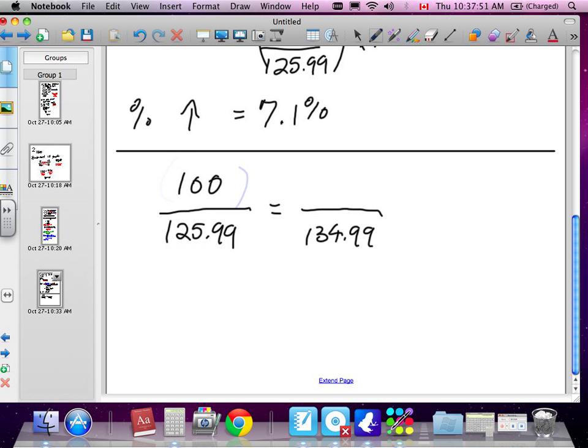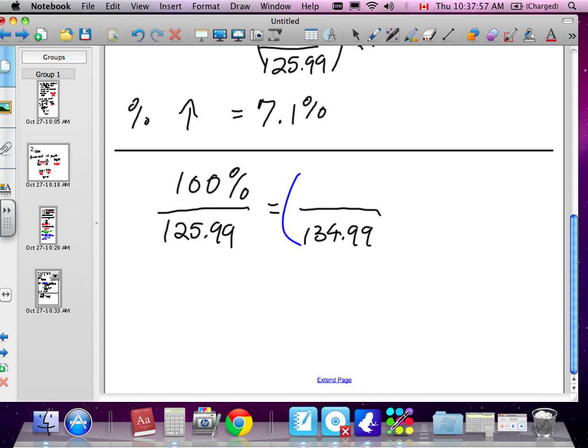Okay? So, before they increased the price, $125.99 was 100% of the old price. It's okay, I'm going to show you both in case you like the other. We're going to find the percent the new price would be. Okay? So this is where we do our cross multiplying again. Same idea.